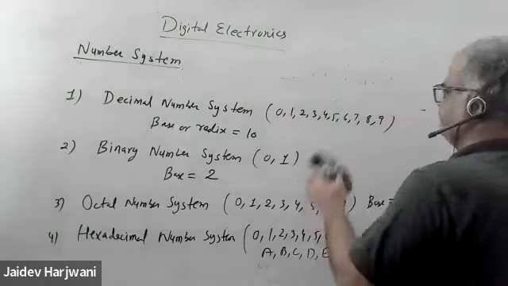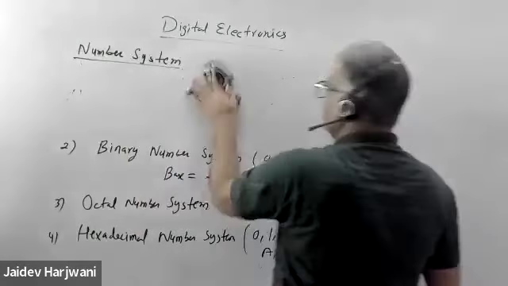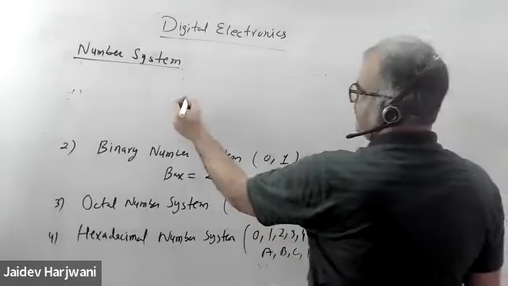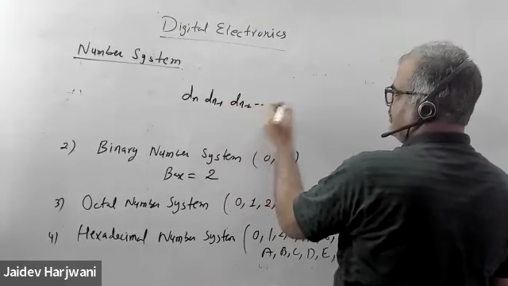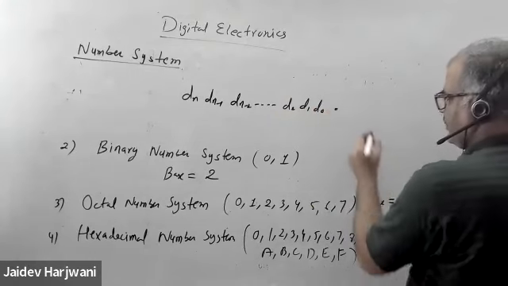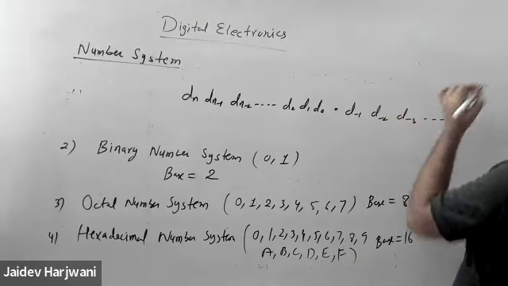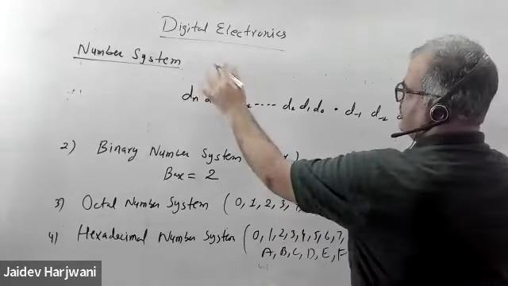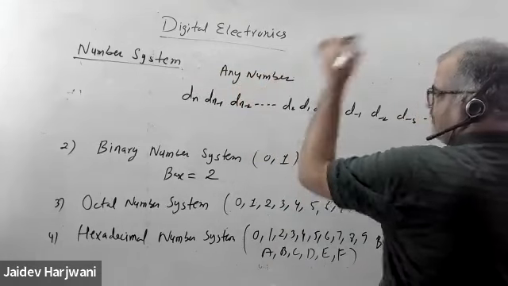Any number, regardless of the system, has 2 parts. Any number can be written as dn, dn minus 1, dn minus 2, ..., d2, d1, d0, and then you can write d minus 1, d minus 2, d minus 3, and so on. This is the representation of any number in any number system.